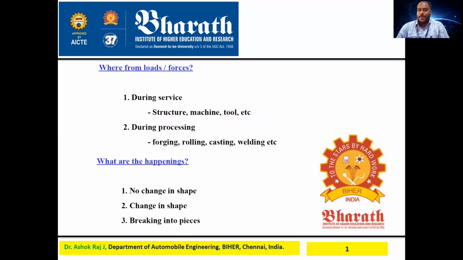You can see where the load and force act: during service, in structures, machines, tools, etc. Let me take an example from daily life of how we use loads and forces.